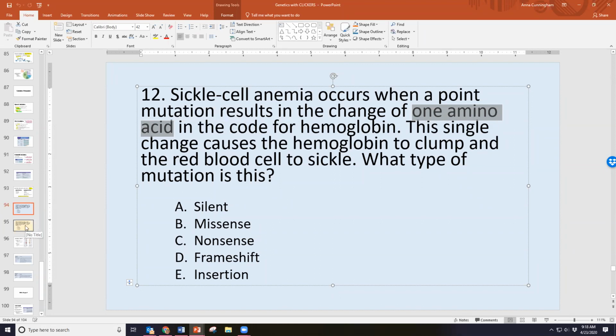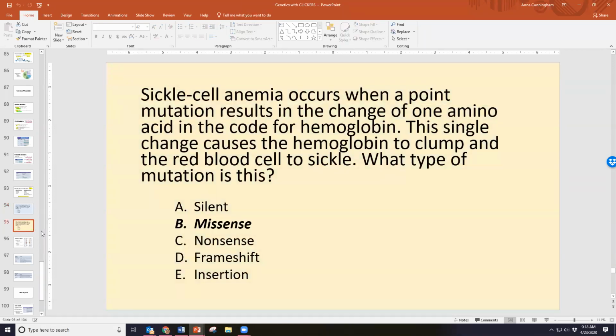So that tells us that it's B, right? If that amino acid was changed to a stop codon, it would be a nonsense mutation. If the amino acid was not changed despite the mutation, that would be a silent mutation. If the entire reading frame or amino acid sequence was changed, that would be a frameshift, possibly a result of insertion. All right.